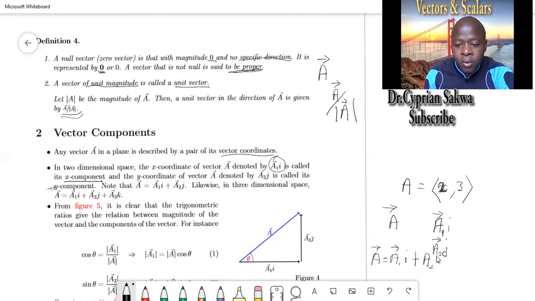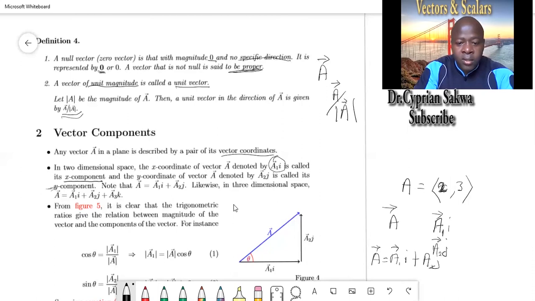This is in 2 dimensions. Likewise, in 3 dimensions, vector A shall be the sum of A1i plus A2j plus A3k.